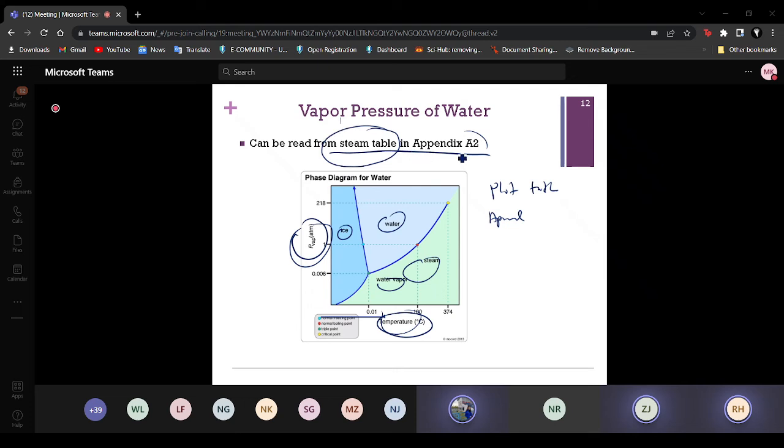If you look into your steam table, appendix A2, you ada temperature, lepas tu you ada pressure. So this is corresponding to the vapor pressure. Okay, that pressure is vapor pressure. Kalau you tengok temperature 100, vapor pressure is 1 ATM lah.